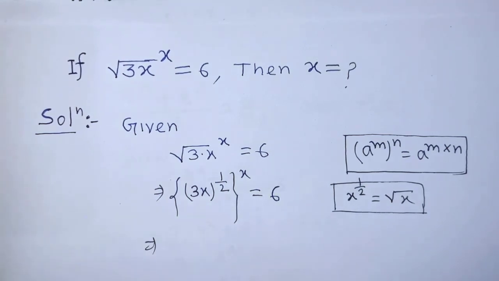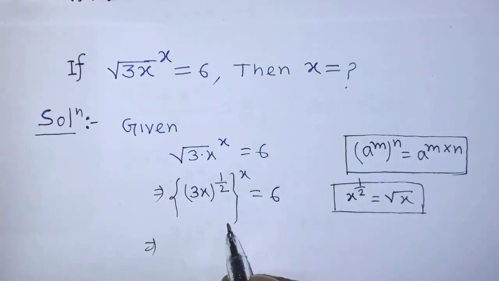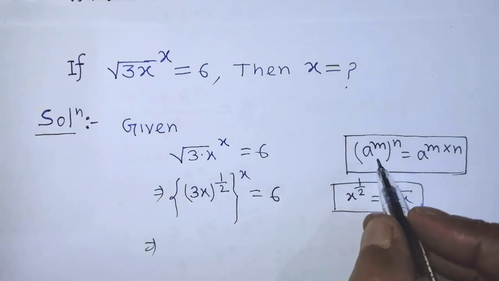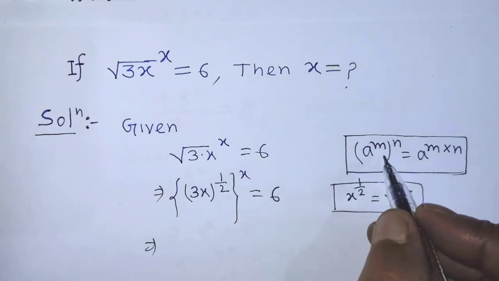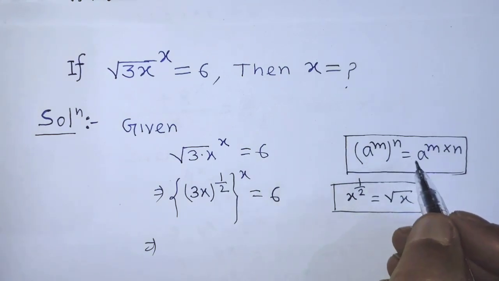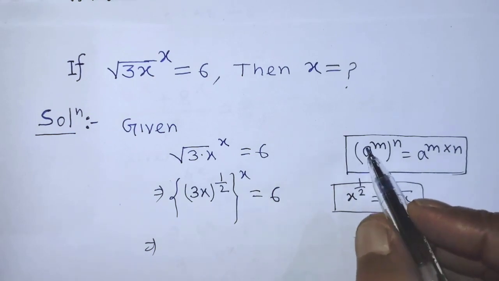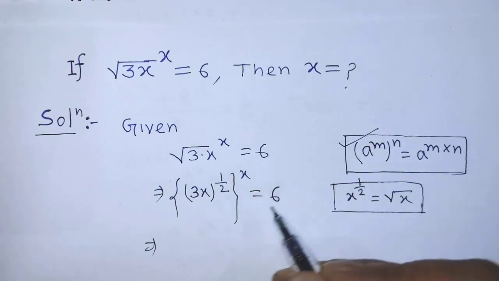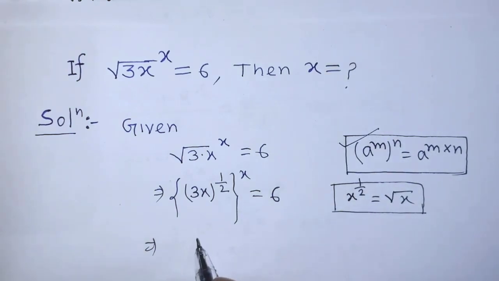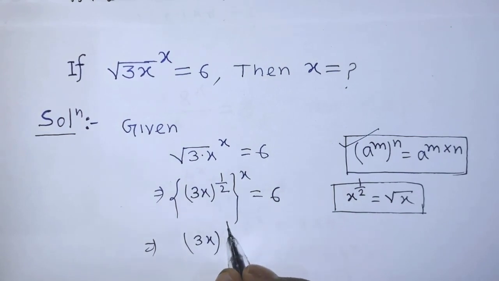So students, to simplify the left hand side of this equation, we have to apply the formula (a to the power m) to the power n is equal to a to the power m times n. According to this formula, we can write from the left hand side (3x) to the power 1 over 2 times x is equal to, on the right hand side, again we have to write 6.